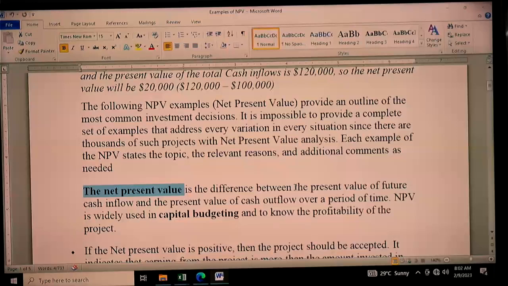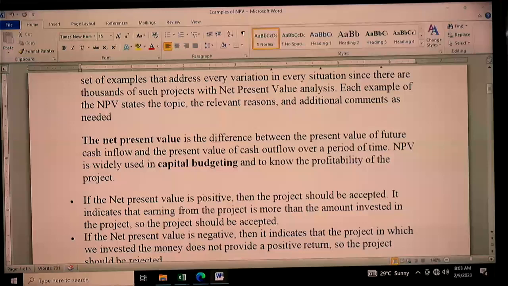I know you remember this. The net present value is widely used in capital budgeting to help us know the profitability of the project. How do you decide that the project is worth it? If the net present value is positive, then the project should be accepted.